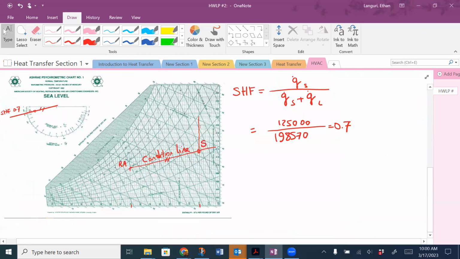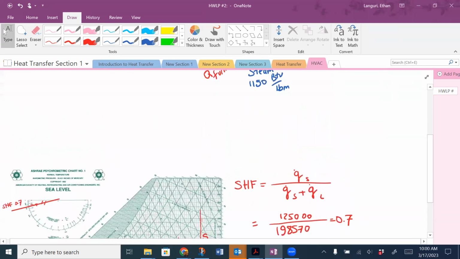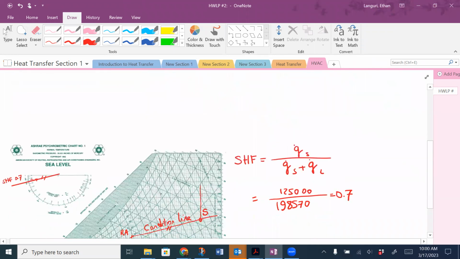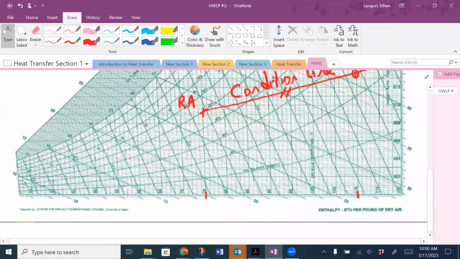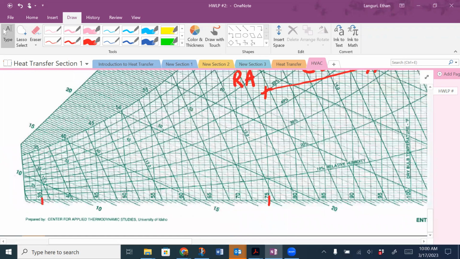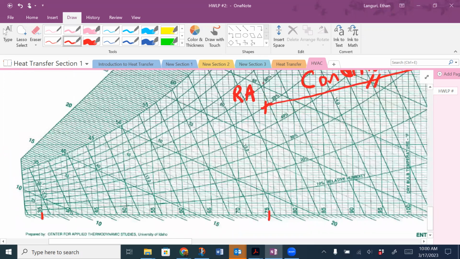Let's also show the outside air. I have the information of 35 Fahrenheit, 60% RH. So let's see if I can find 35 down here and 60% RH. Here, this is my 60%, as you can see.